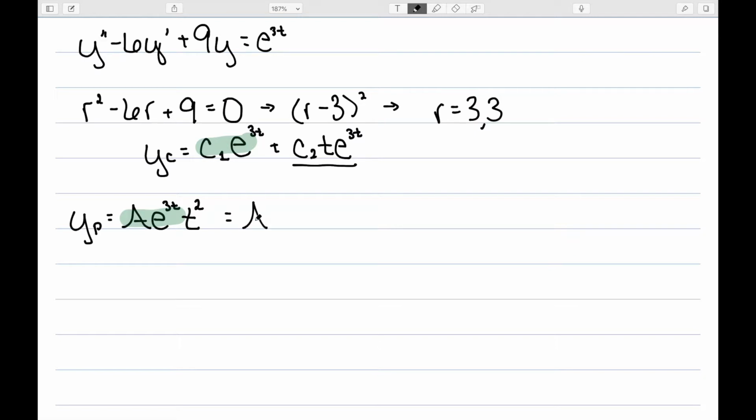And then I'm going to go ahead and rewrite this as a t squared e to the 3t. Taking my first derivative, I have the derivative of the first times the second plus the first times derivative of the second.